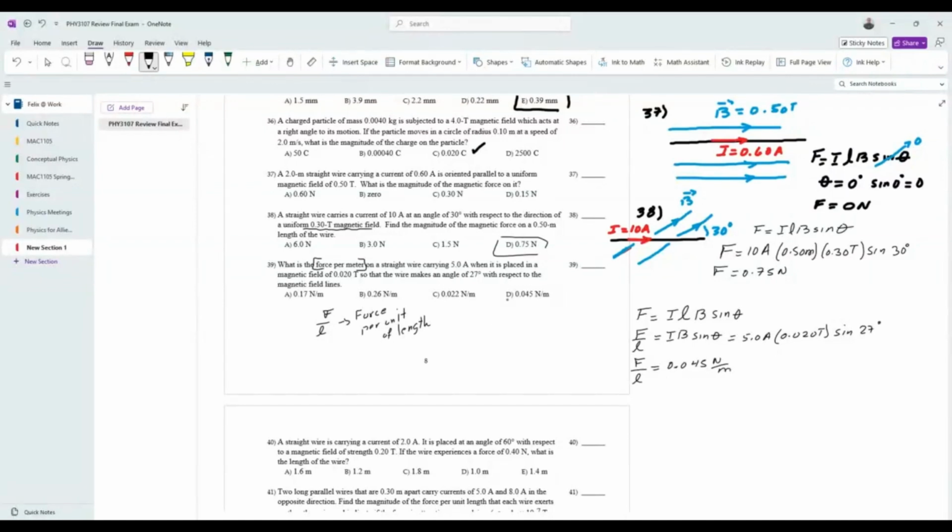This would be, in this case, the right answer. So the force per unit of length would be in units of force per unit of length, right? So newtons per meter. 0.045 newtons per meter.